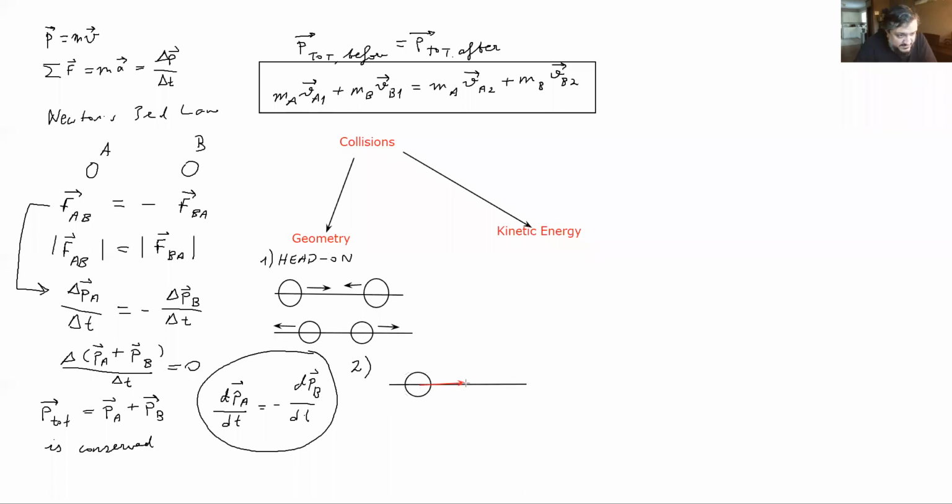This is the direction it's moving, right? But the second ball is not centered. It's offset like this. And assume it's either stationary or moving to the left. All right. Now you may say in the before picture, it's only motion in the x direction. Yes, but what happens once they collide?